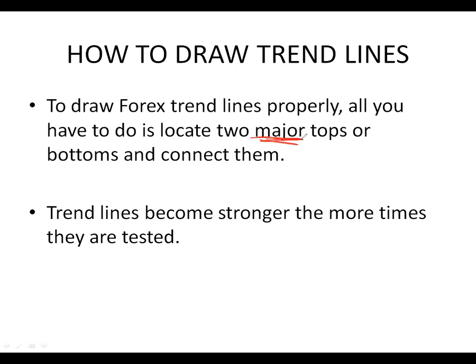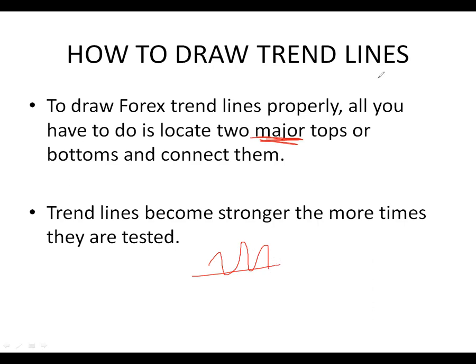Now, trend lines become stronger the more times they are tested. And what we mean is that if you draw your trend line, maybe a line like this, the more the Forex market comes to test that line, the stronger the trend line becomes. Is that okay?